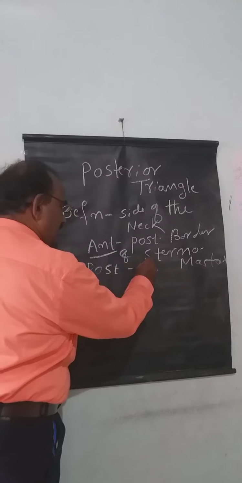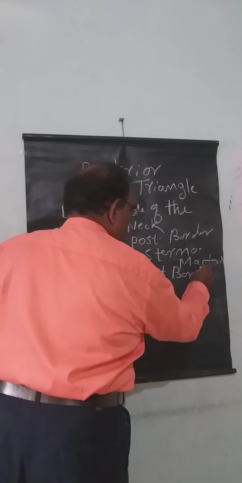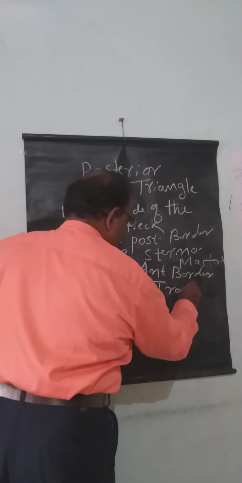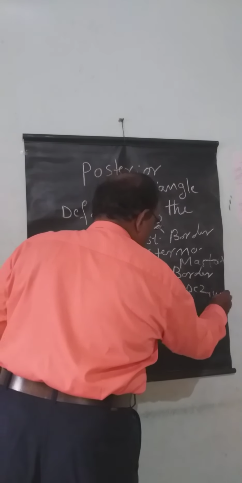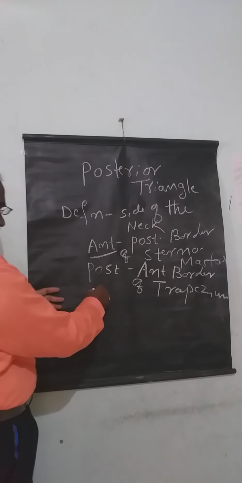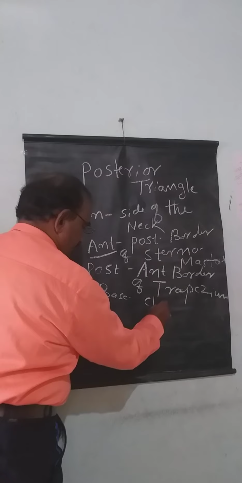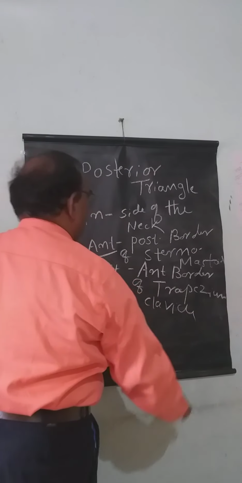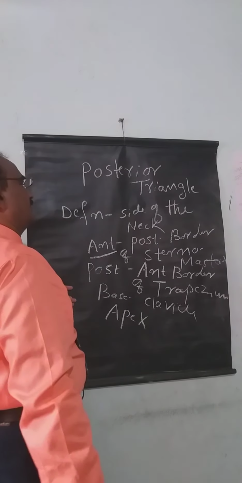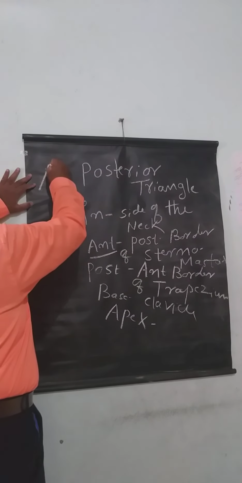Posteriorly, the anterior border of the trapezius. The base is covered by the clavicle. The apex is the meeting point of these two muscles, the sternomastoid and trapezius.